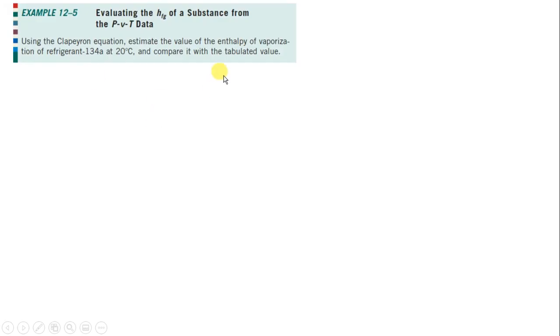Now we'll see an example over here. What is given? Using the Clapeyron equation, estimate the value of the enthalpy of vaporization for the refrigerant R134A. What is this refrigerant?